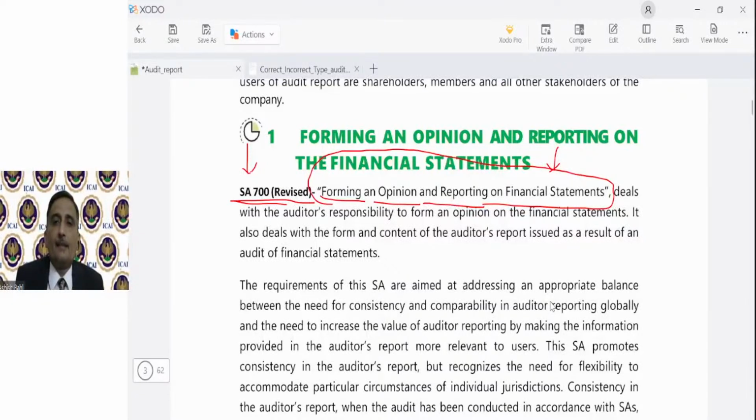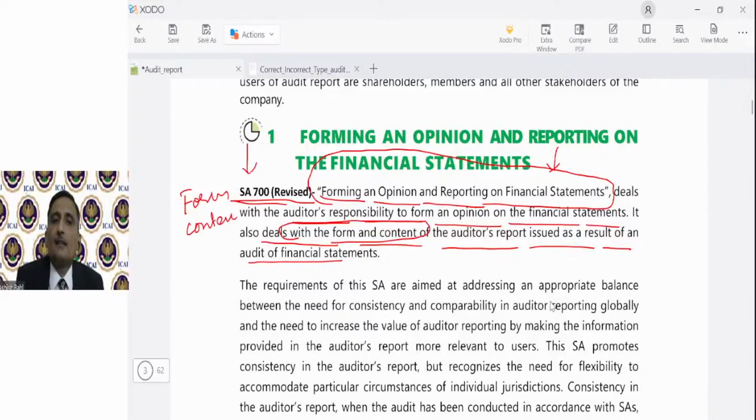SA 700 deals with the auditor's responsibility to form an opinion on the financial statements. It also deals with the form and content of the audit report issued as a result of an audit of financial statements. Form and content, both things. What do form and content mean? What should it include?